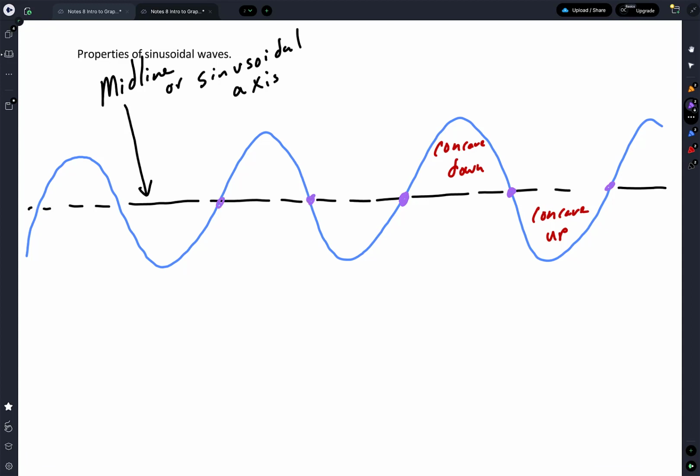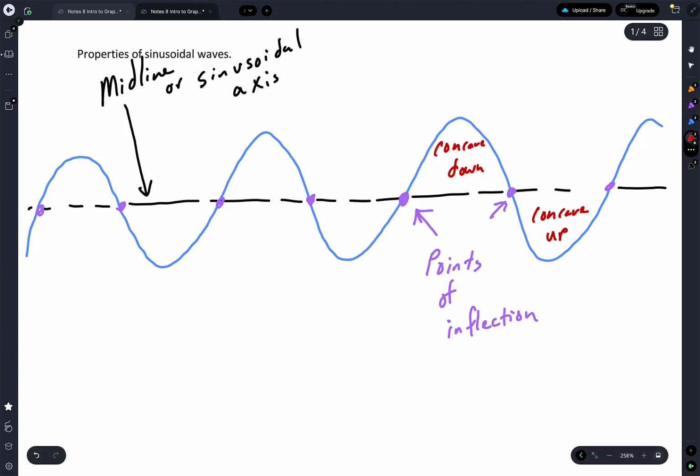All these are points of inflection. They're always at your midline for a sinusoidal wave. What does a point of inflection mean? It's a point where concavity changes. Are we still okay? Okay.